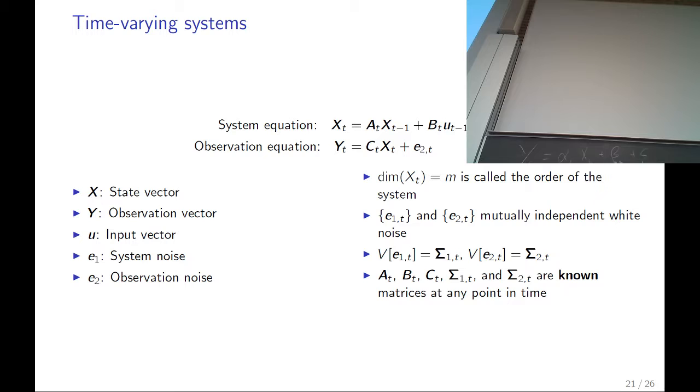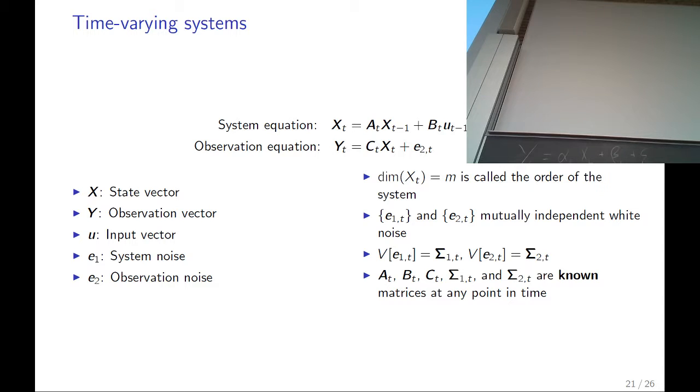So if we define the alpha and beta as our states at time t, it should depend somehow on what was there at the previous time, alpha, beta at t minus 1, and we should have plus some noise.